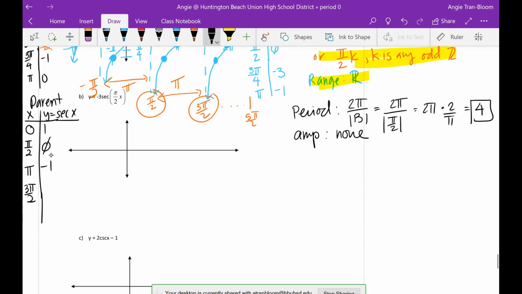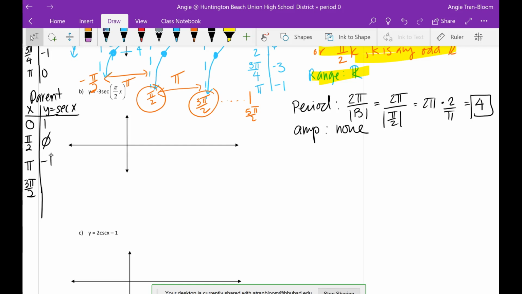What is the y value, if any? Undefined. Undefined. And Alex G, 2 pi. 1. Perfect. Okay. I will now put all the transformations over here.